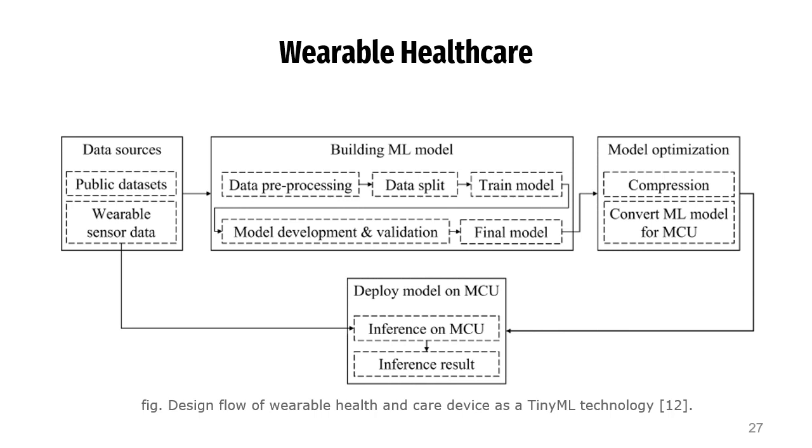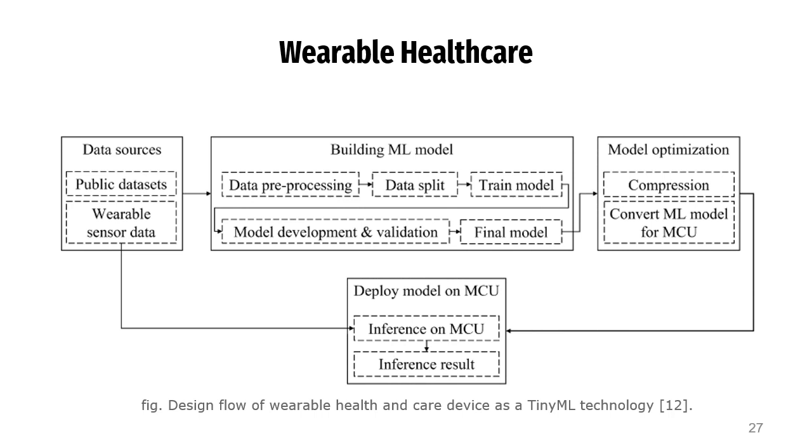And then we build the machine learning model by pre-processing the data and splitting the data, for training the model and also for evaluating the final results. Then we have model development and validation, then the final model.